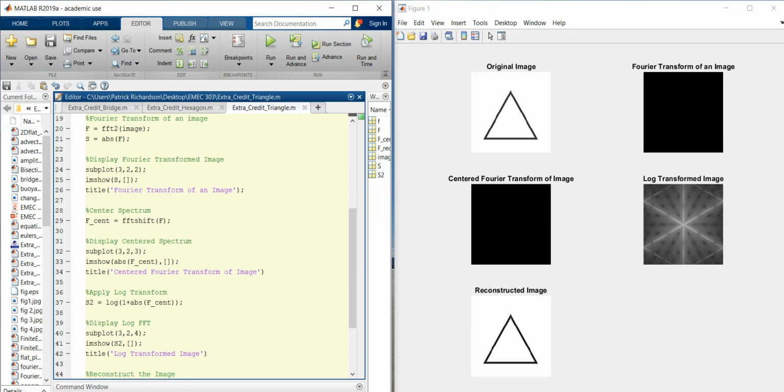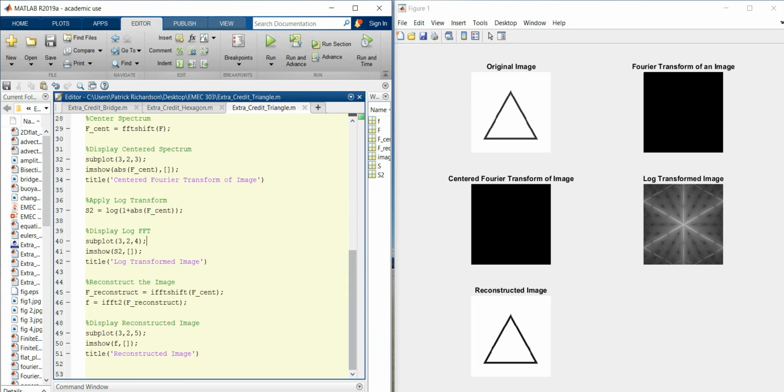So we're taking the shifted fast Fourier transform, inverse shifting it, and then inverse transforming it. Then we are left with our reconstructed image that is shown right here, and it is the same as this one with minimal compression from the Fourier transform and the inverse Fourier transform.